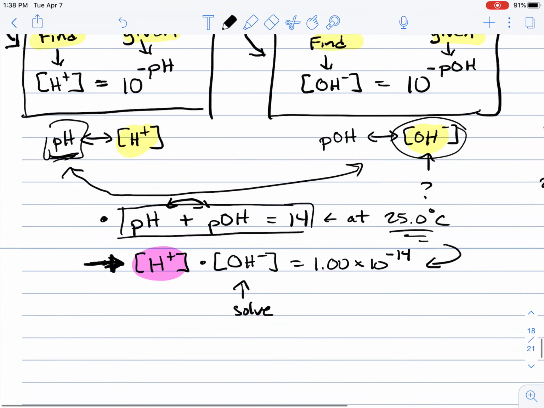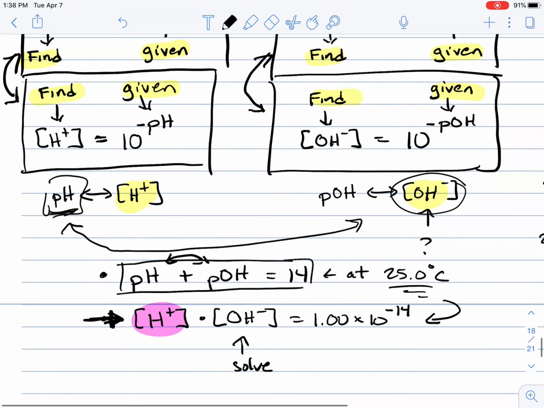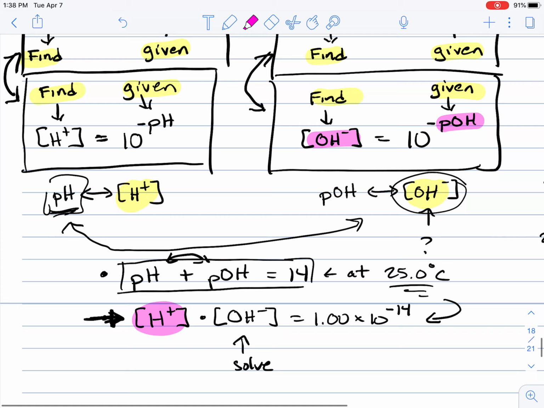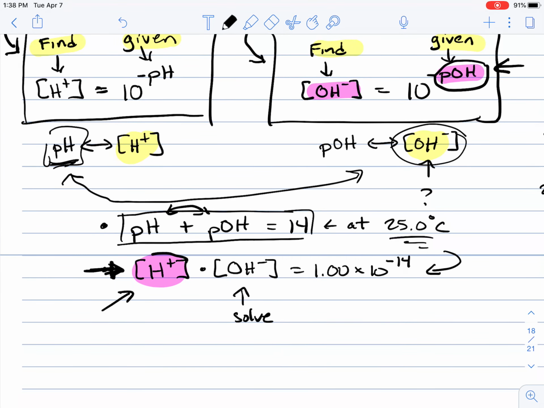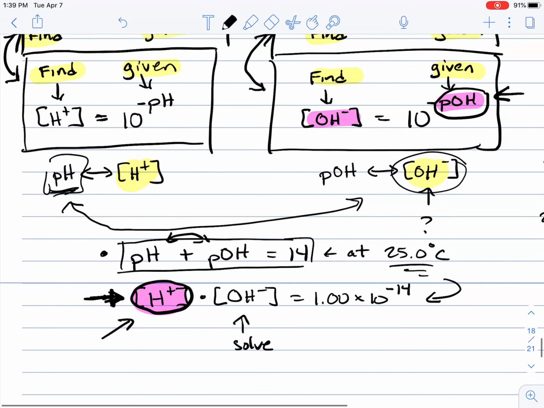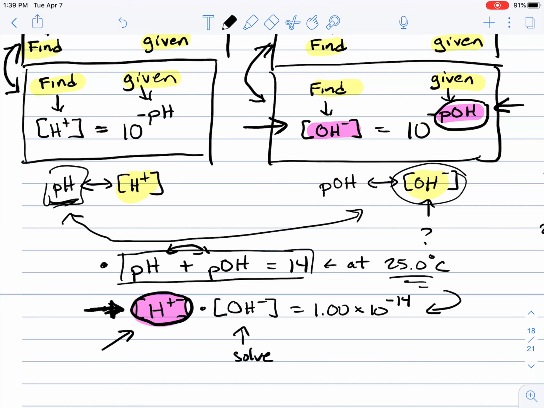Another way that you guys can solve for the concentration of hydroxide is using this equation. It doesn't matter which one you choose, just as long as you're solving for the concentration of hydroxide ion and you're plugging in the correct number. If we're using this equation, we need to make sure that we're plugging in the pOH. If we're using this equation, we need to make sure that we're plugging in the concentration of hydrogen ion. And so I'm going to go ahead and just use this equation at the top.